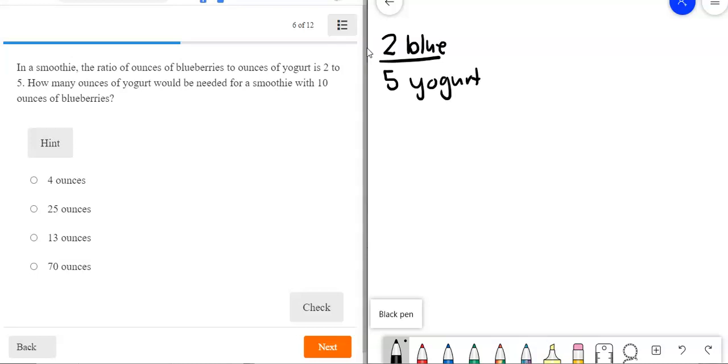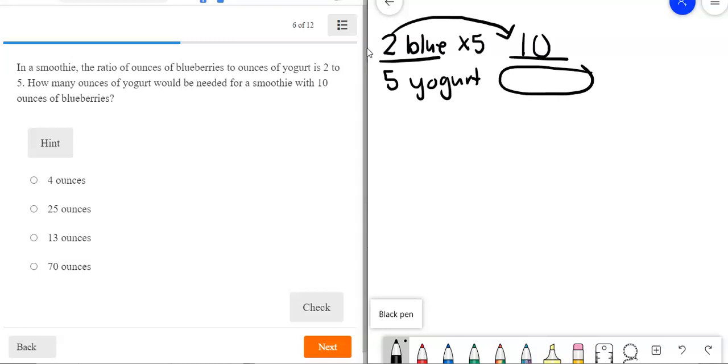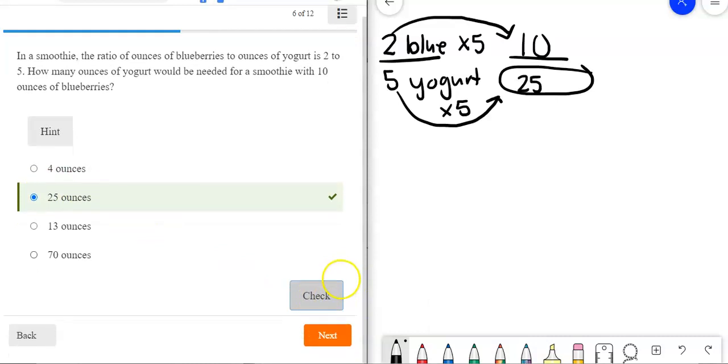And how many ounces of yogurt if we have 10 blueberries? So we're going to put 10, and yogurt's down here. So 2 times 5 is 10. So on the bottom we have 5 times 5 is 25. Just like that.